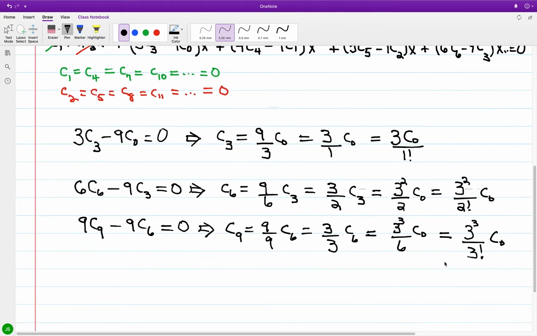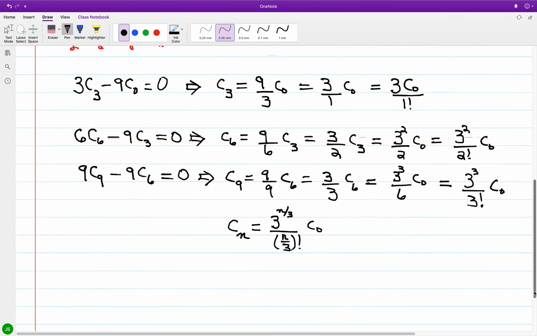And if you notice, for the pattern, we have c of n. Notice the degrees and the values that we're taking the factorials of. You're going to have to be 1/3 the subscripted value. So right now we have c of n is equal to 3 to the n over 3, all over n/3 factorial c naught.